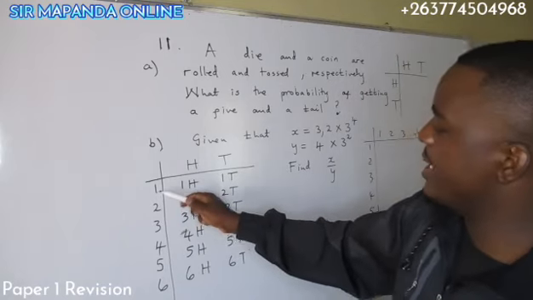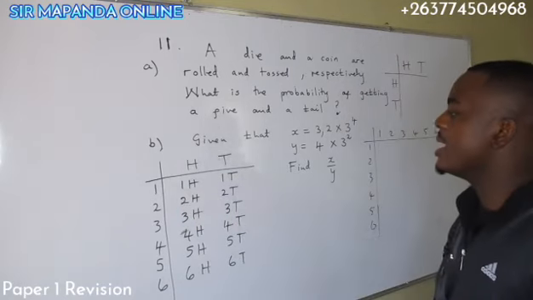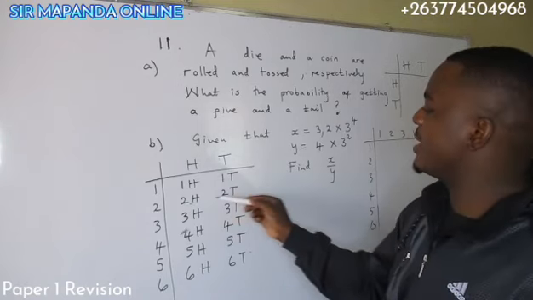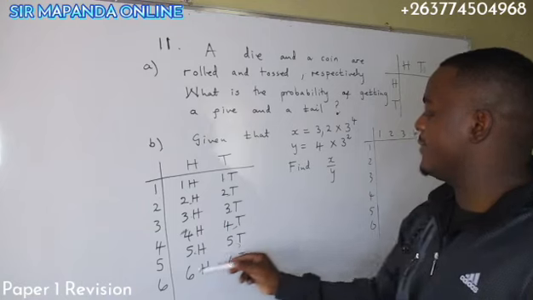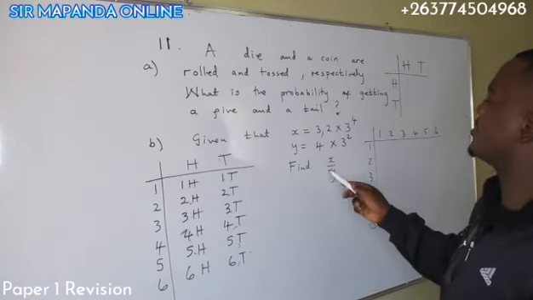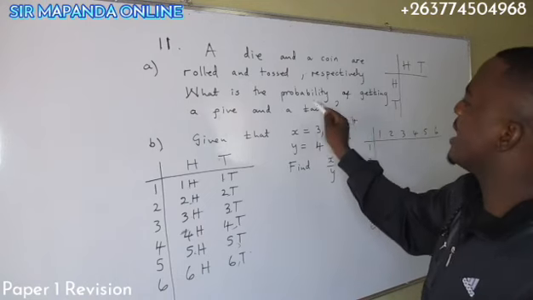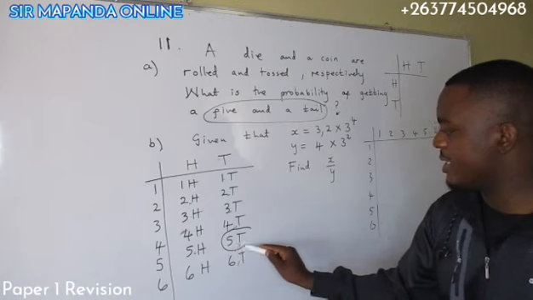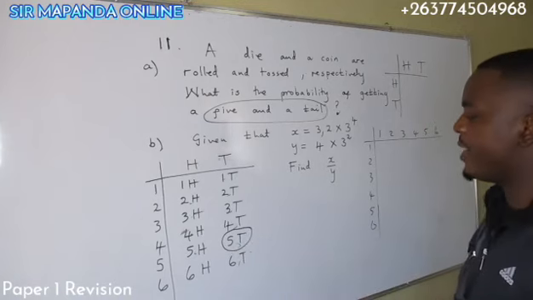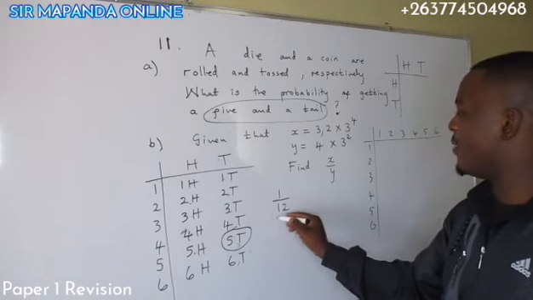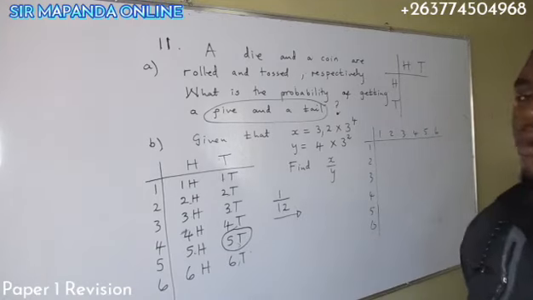So you'll be combining this result and this result. So how many outcomes do we have all in all? 1, 2, 3, 4, 5, 6, 7, 8, 9, 10, 11, 12. We have 12 outcomes. And the question is requiring you to find the probability of getting a 5 and a tail. So a 5 and a tail is found at this position. We have 1 five and a tail here. So your answer is 1 out of 12 outcomes. Then you are home and dry.